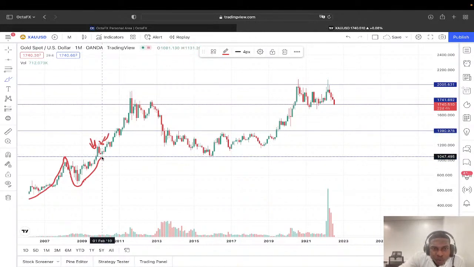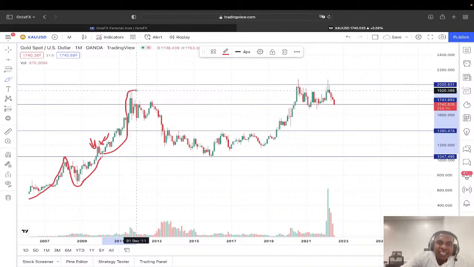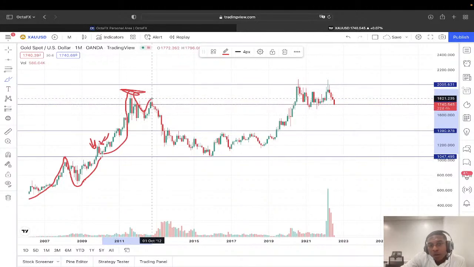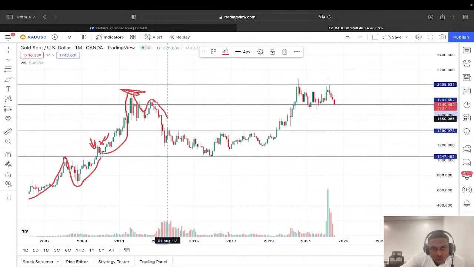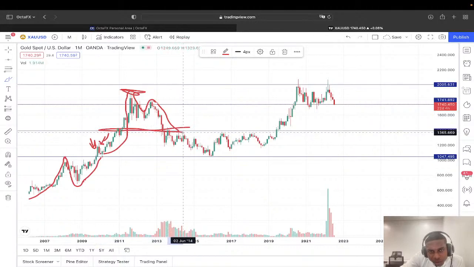And after the pullback, we saw price continued its journey up, created a higher high, all-time high, came down, went back up again, but did not get back to this all-time high, and kept going down. This is a support level. It broke out of the support level and kept going down.